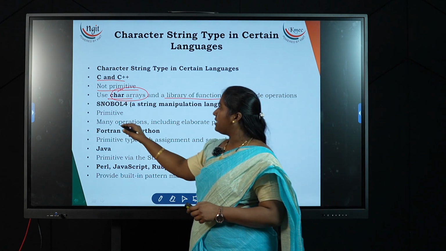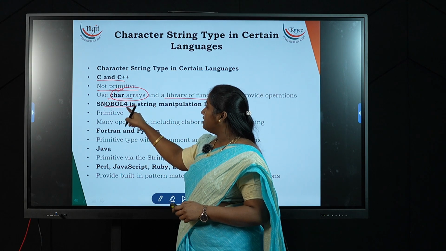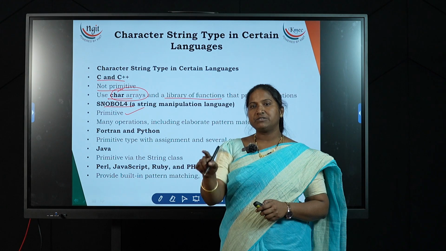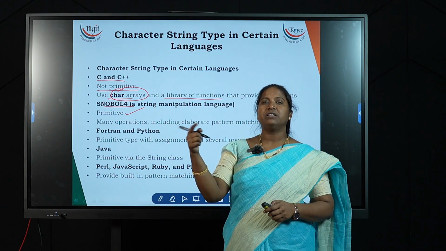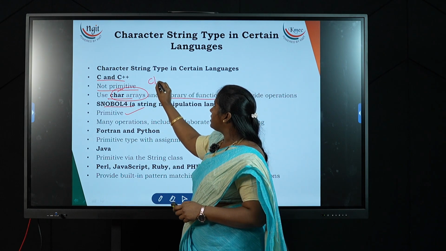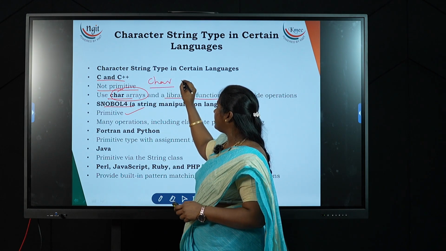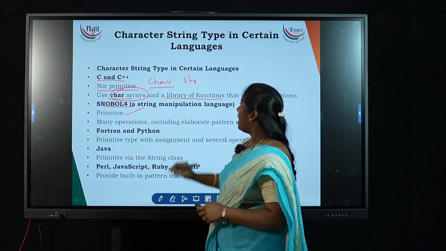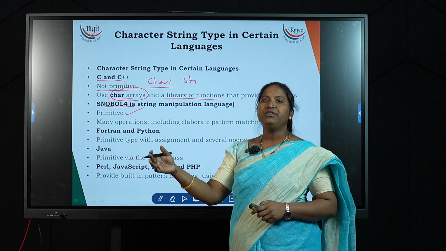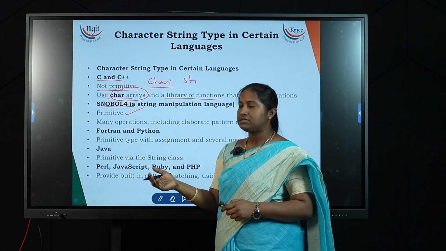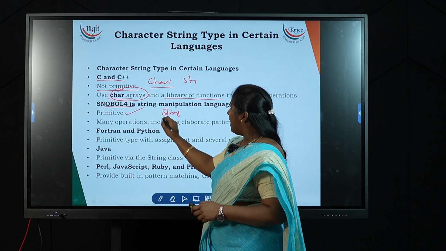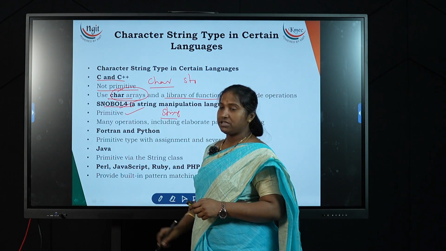And in the other programming language, Snowball, string is a primitive data type. When I say it is primitive, we do not use any other form to define the data type. In C and C++, string is defined as a character array, and in Snowball we will not use character arrays or anything else; we define the string with the name string.